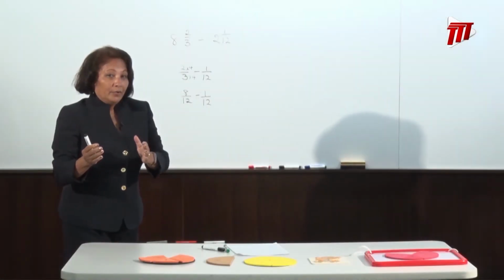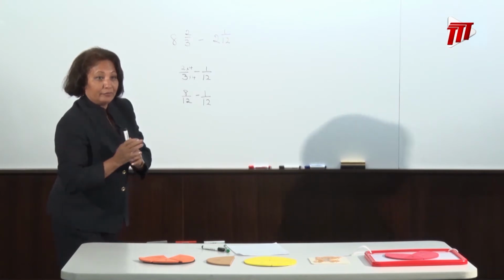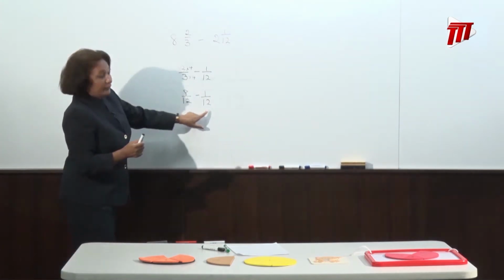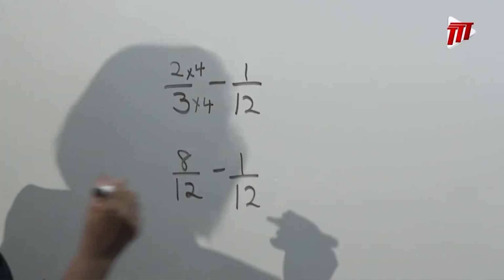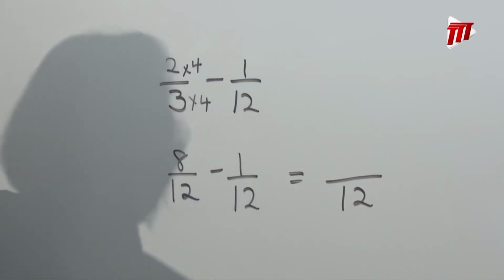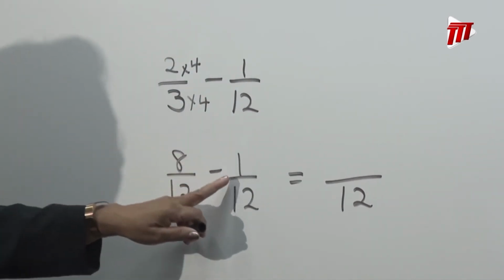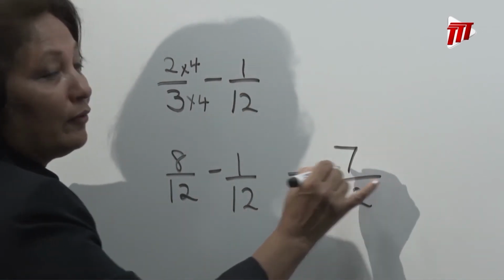Check again. Are the denominators the same? The denominators are in fact the same. So this minus this would give me some number of 12s. So I retain my denominator of 12. The numerator would be the difference of these two. So I have 7/12.